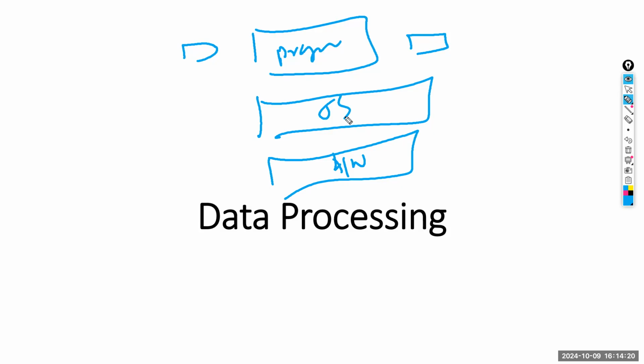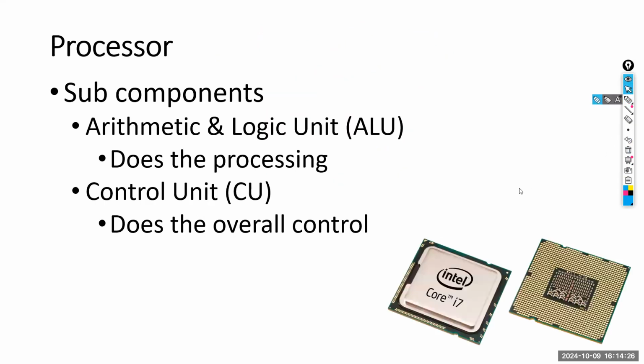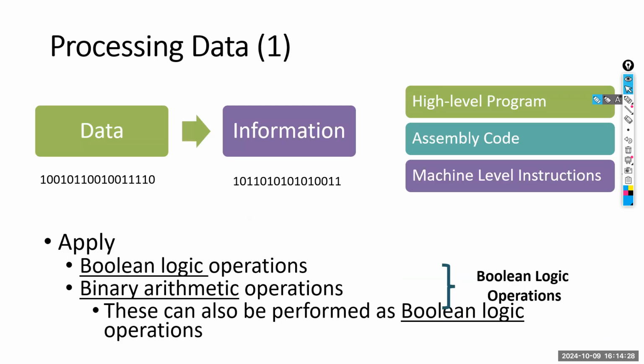Therefore, at high level, your marks and other things are processed by your programs, but at low level, sets of ones and zeros are sent through logic circuits, and we get a different set of ones and zeros, which is the result of the processed data.